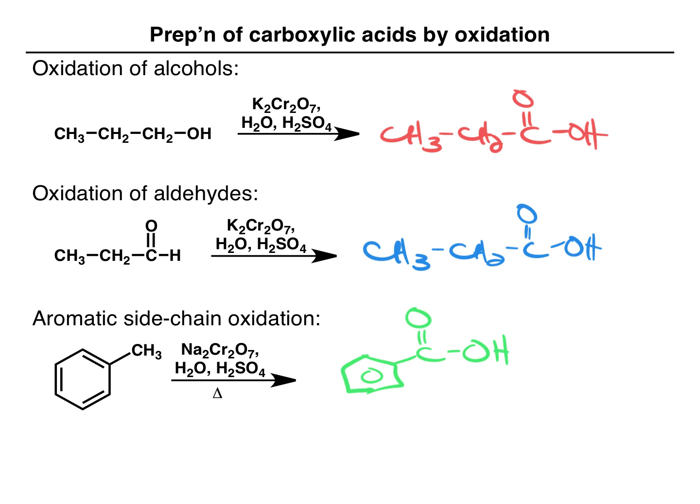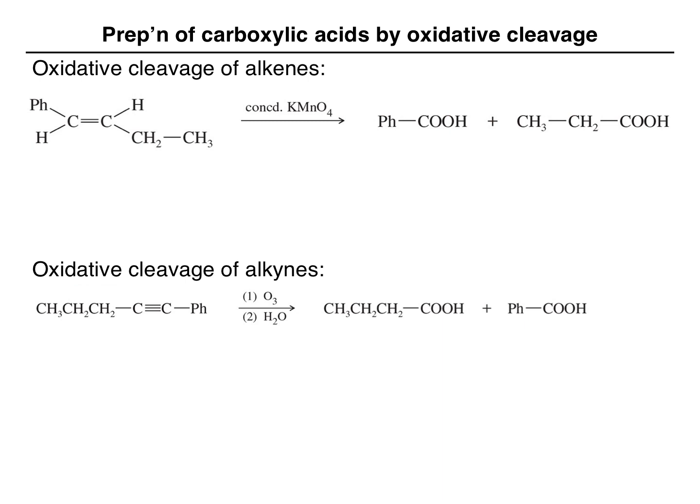For the oxidation of an aromatic side chain, the benzylic position must have at least one hydrogen, and whether you have a single carbon or a huge chain of carbons, what you'll end up with is a benzoic acid. So you must have at least one hydrogen at the benzylic position, and the carboxylic acid ends up at the benzylic position.